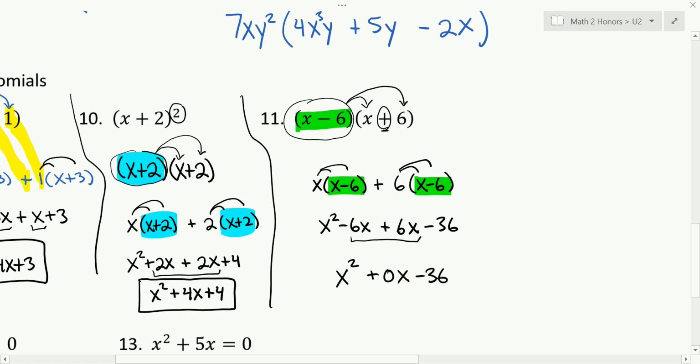But really, what's 0 times x? 0, and so we don't usually write that. But it is helpful to know that x squared minus 36 is really the same thing as x squared plus 0x minus 36. That place value is 0. We just usually don't write it. But sometimes we will need to.